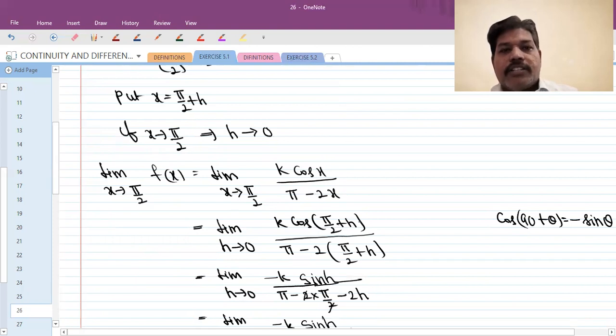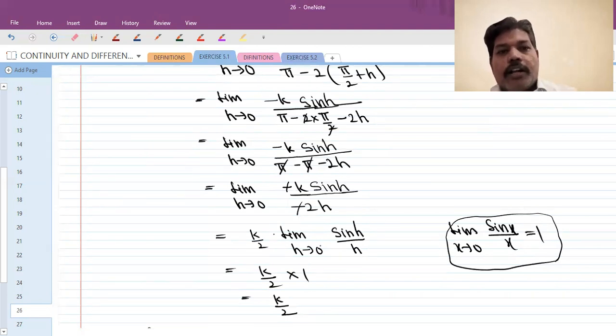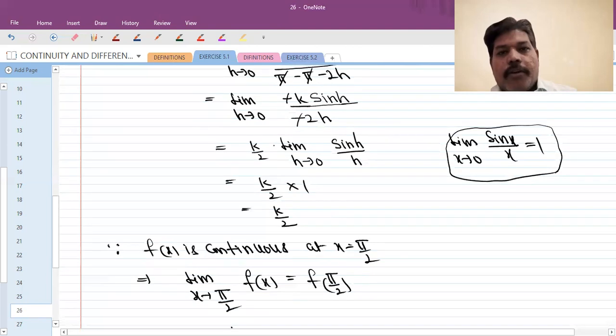Cos 90 plus theta will become minus sin theta. So minus sin h by pi minus pi minus 2h. Pi will be cancelled, and in the next step minus will be cancelled, and take the k by 2 out and apply the limit h tends to 0, sin h by h. Already we know that limit x tends to 0, sin x by x value will become 1 only. So that value will become 1, and it will become k by 2.